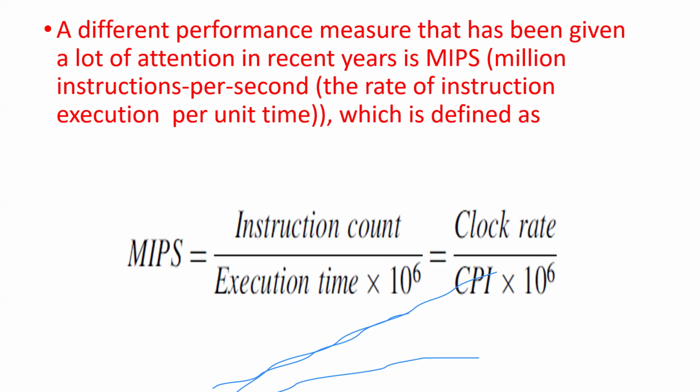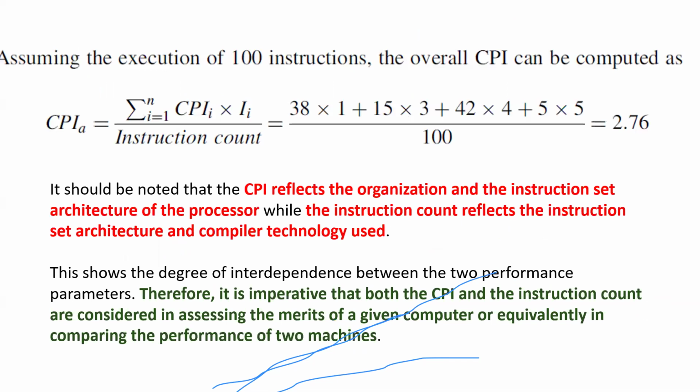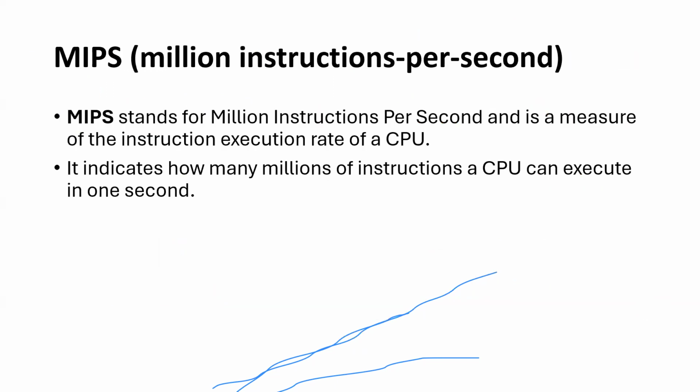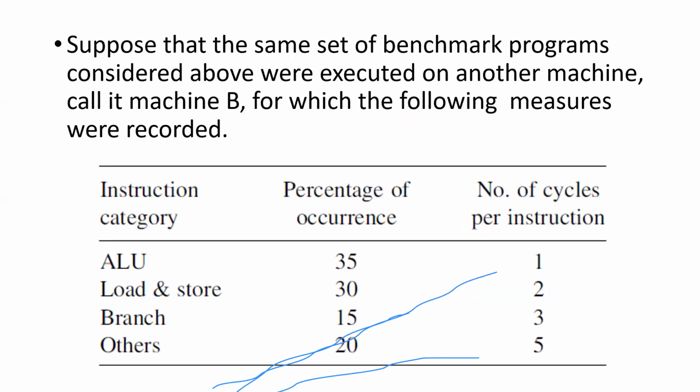And this is the formula for the CPI, the overall CPI. So again, you are calculating the overall CPI for this, and you're also calculating the MIPS for this.